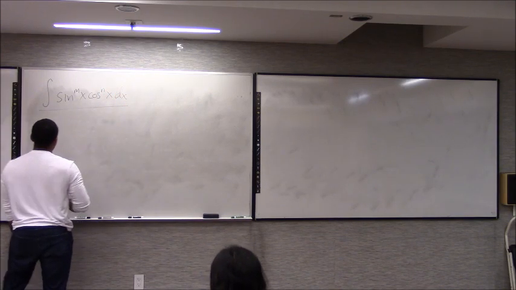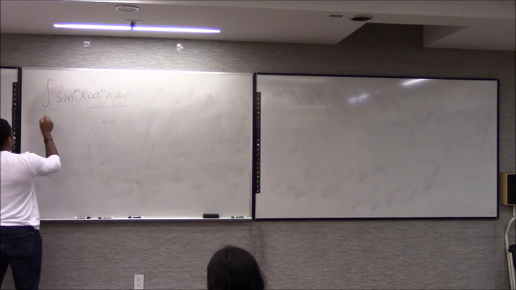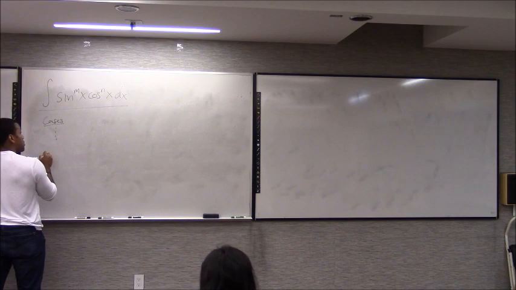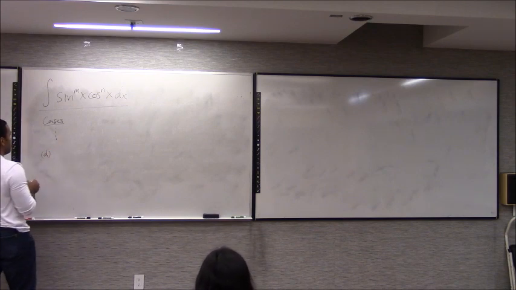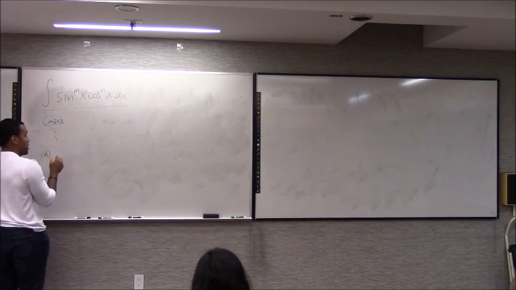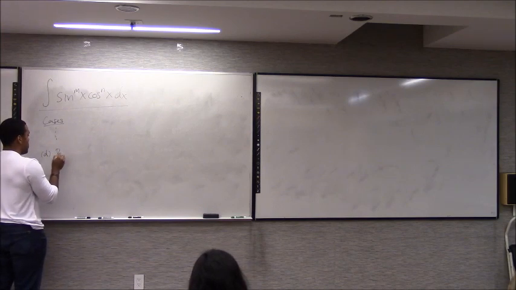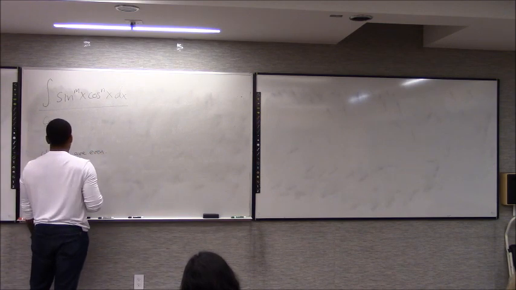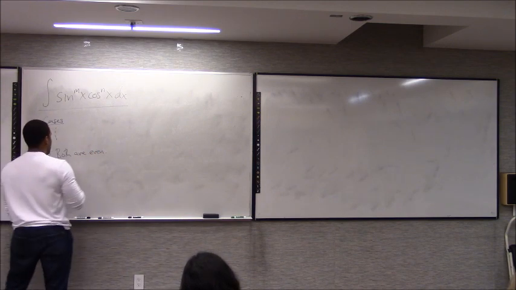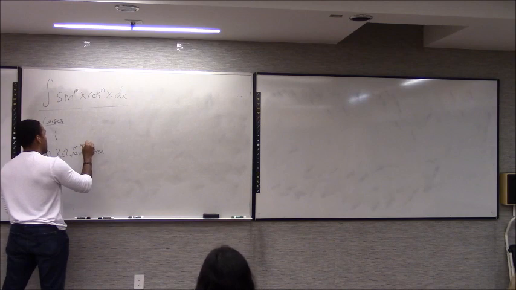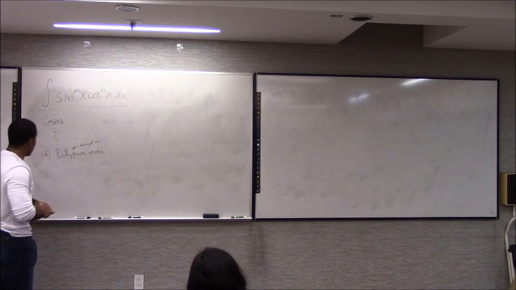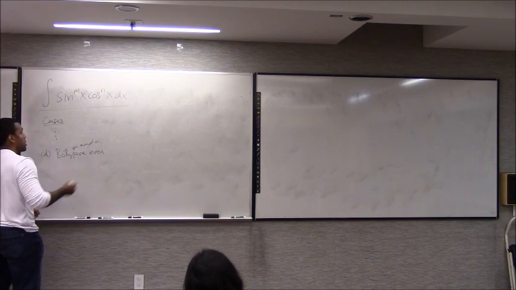And I believe we dealt with all cases except, I don't know if I call it case 4 or 1, 2, A, B, C, D, or 1, 2, 3, 4, it doesn't matter. The one where both are even. Okay. So both m and n are even. What do you do in the case that both m and n are even?